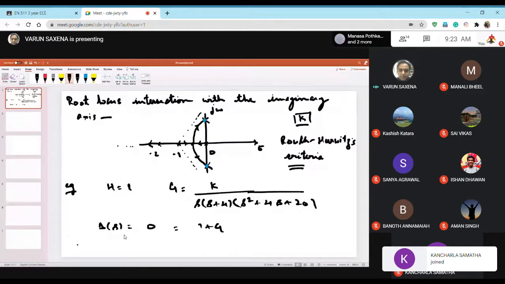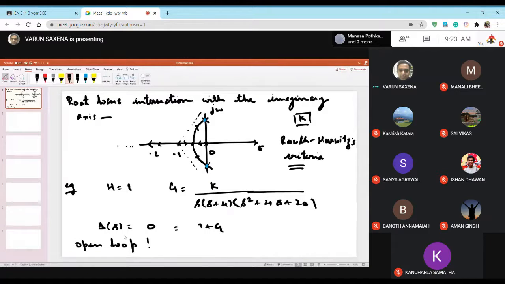You have your open loop poles given by S equal to 0, minus 4, and then there will be two roots with A plus minus JB, which will be basically solution of this term, whatever it is. Okay, so we are not really focusing much on creating the root locus right now, but we're trying to figure out what happens when the root locus touches and cuts the imaginary axis.